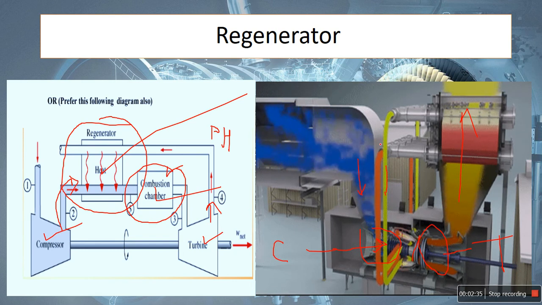That yellow line, the compressed air, comes in contact with the released gases from the turbine. After absorbing that heat, the compressed air becomes hot. As a result, we need less fuel for the combustion. It is the main advantage of the regenerator.